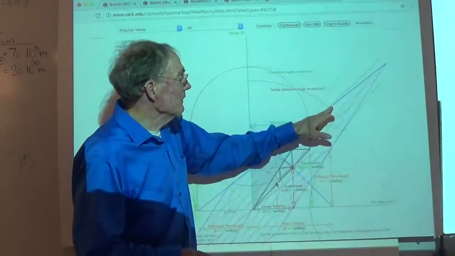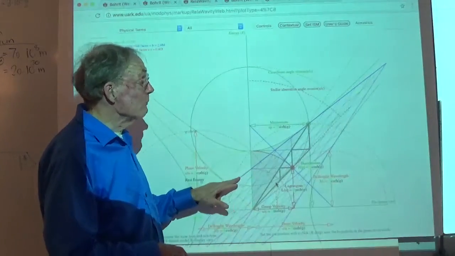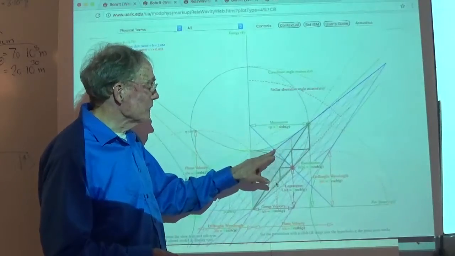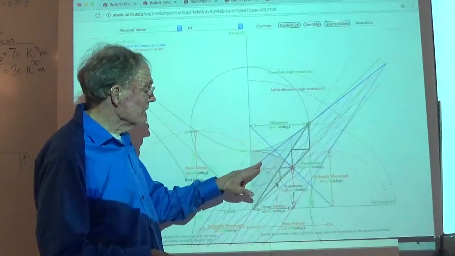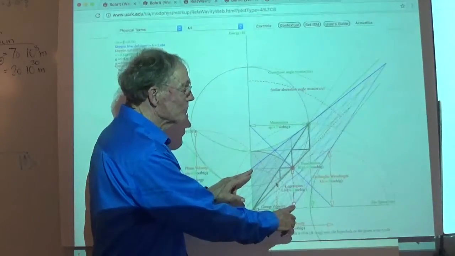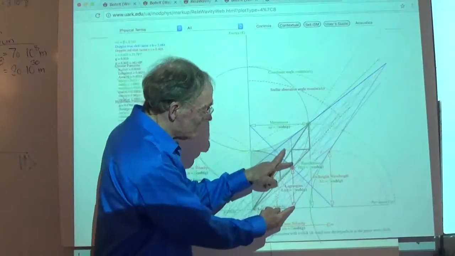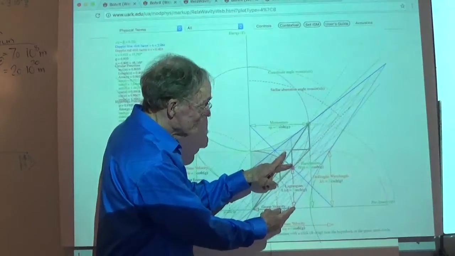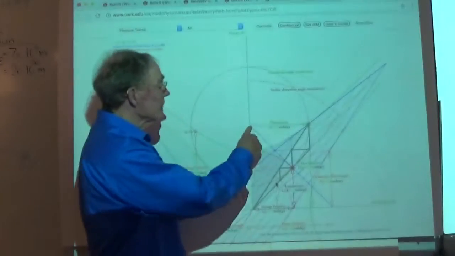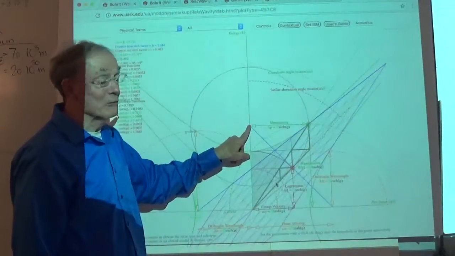The slope of this, which is the group velocity, comes down here through an intersection with another tangent to the value of the Lagrangian. So that's the Legendre transformation. It's taking that slope, following it to the intercept, and the intercept is exactly the minus Lagrangian. And then a tangent goes through the Lagrangian circle, comes back and hits right here, which is the Hamiltonian. So that's the inverse Legendre transformation right there.